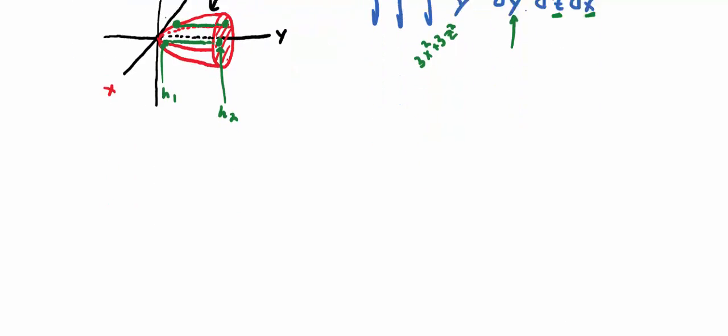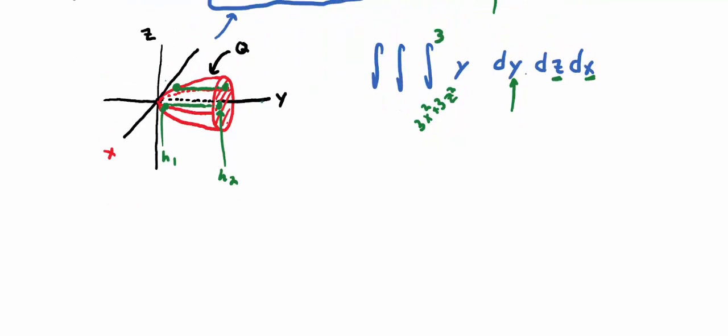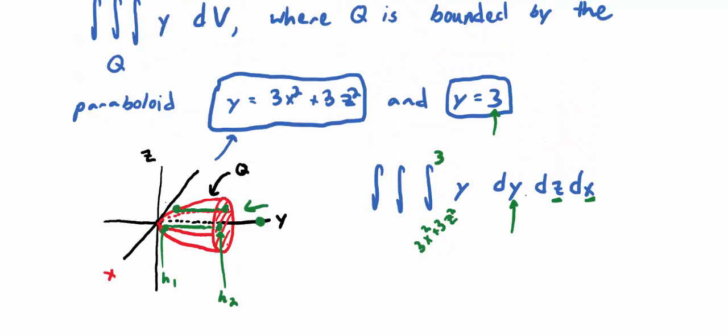Imagine that your eyes are right here on the y-axis, looking straight that way. What two-dimensional object are you going to see? A circle. And by the way, what kind of circle is this going to be? What's the radius going to be?